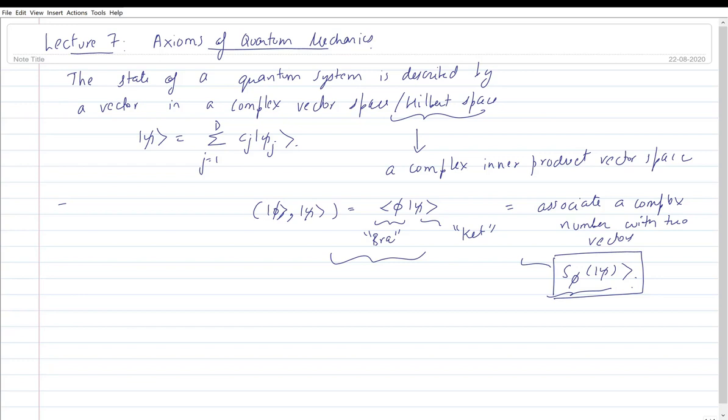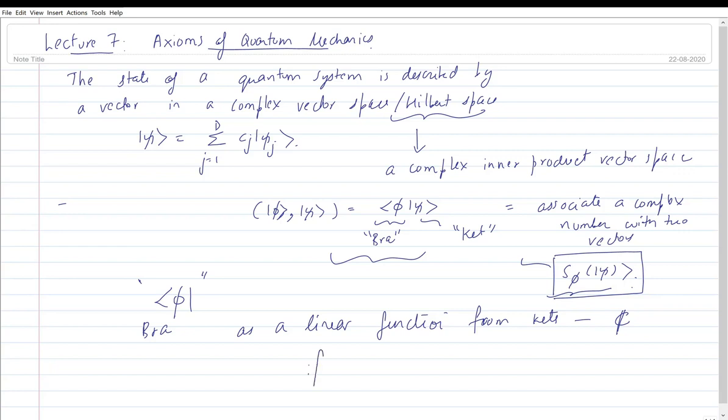So one can regard the bra, this guy, as a linear function from kets to the complex number space.